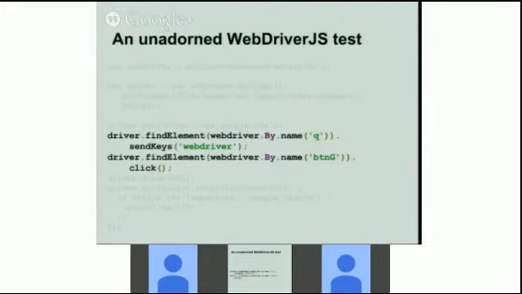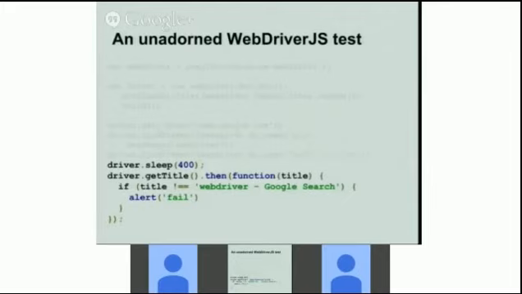Once you find the element, you can send keys. Imagine you are searching for WebDriver, then you find the search button and you click on it. Then you wait a few milliseconds and eventually you get the title and you assert that the title is "WebDriver - Google Search".